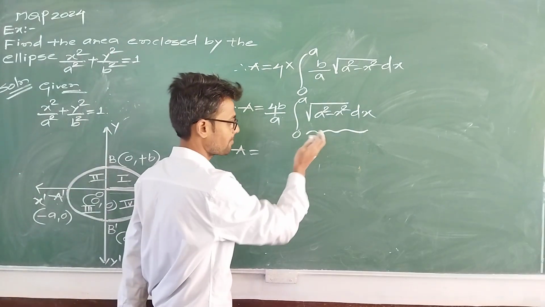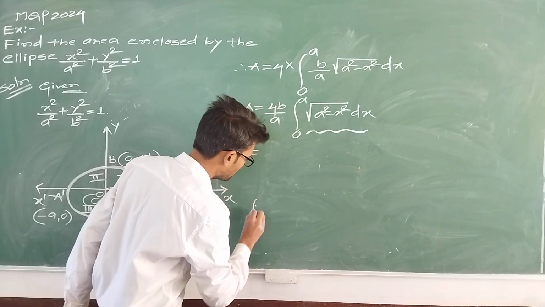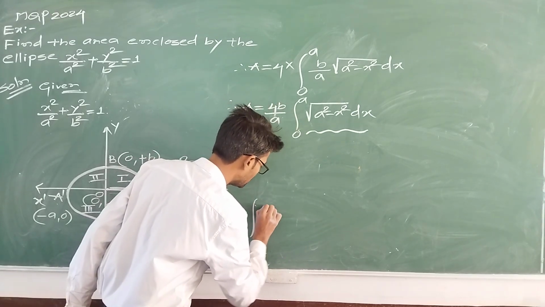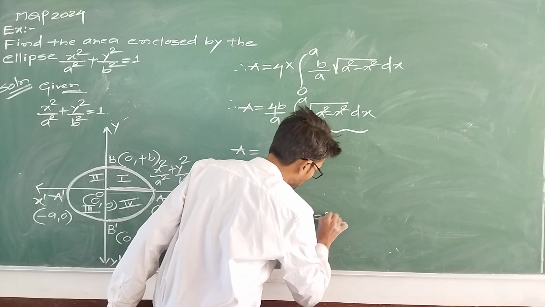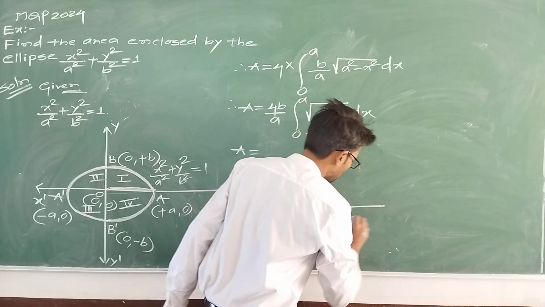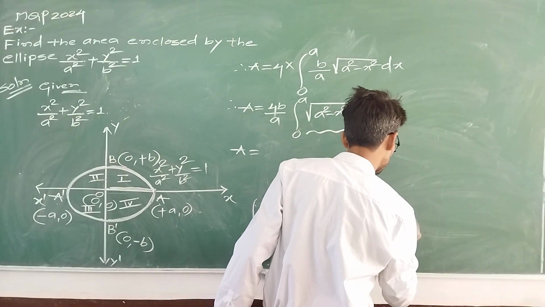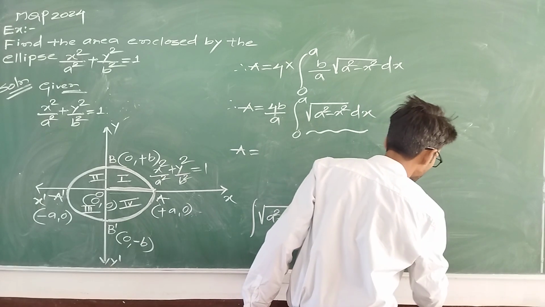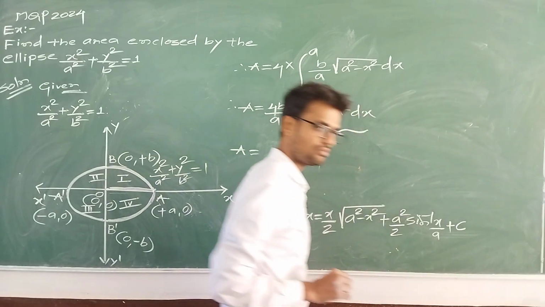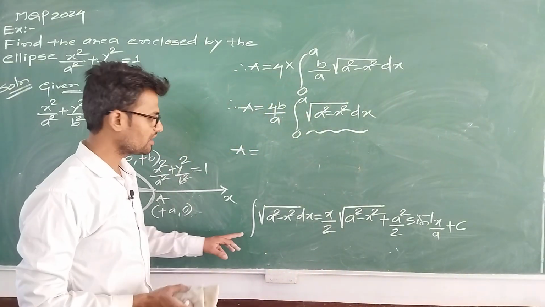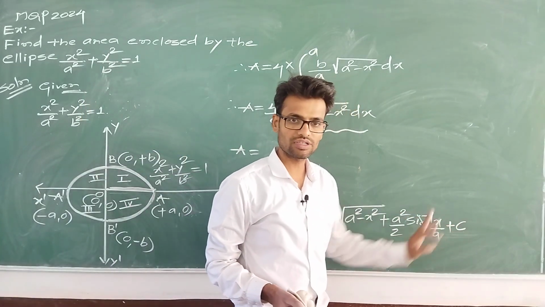See the formula is, I will write the formula: integration of square root of a square minus x square into dx is equal to x by 2 square root of a square minus x square plus a square by 2 sin inverse x by a plus c. Because it is an indefinite integral, that is why the integrating constant c is written here.